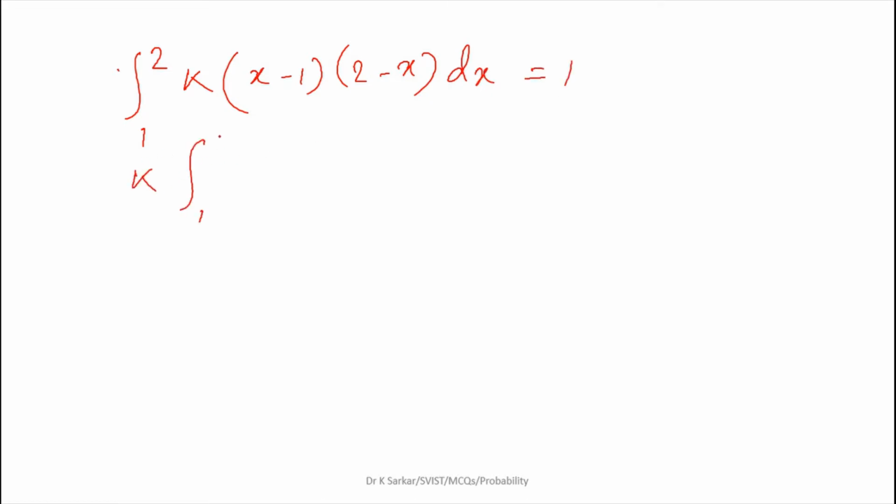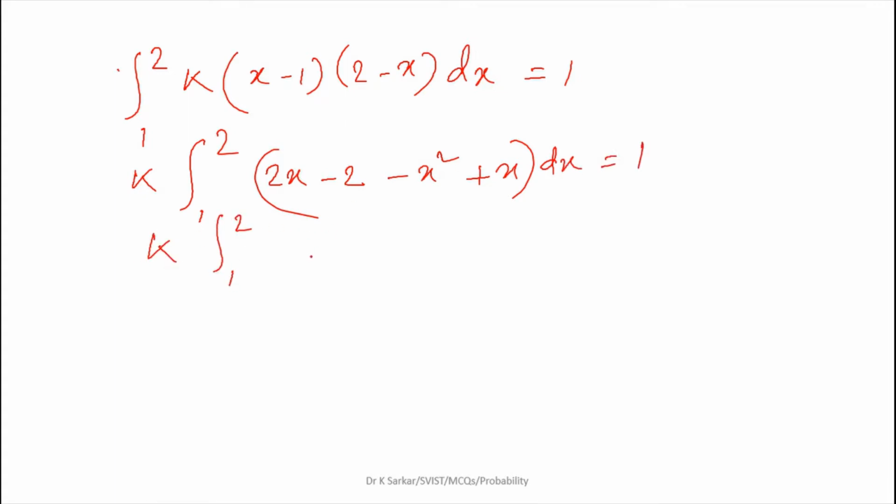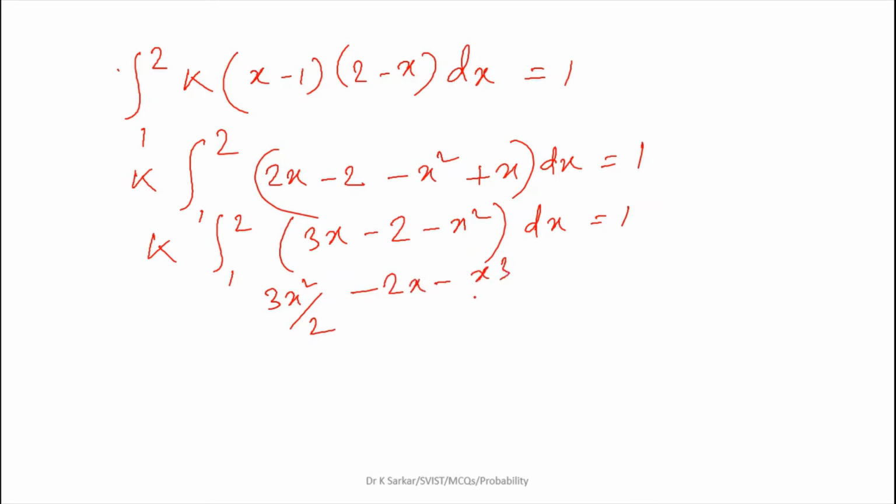k, 1 to 2, 2x minus 2 minus x square plus x dx equals 1. k, 1 to 2, 3x minus 2 minus x square dx equals 1. 3x square by 2 minus 2x minus x cube by 3, limits 1 to 2, k equals 1.